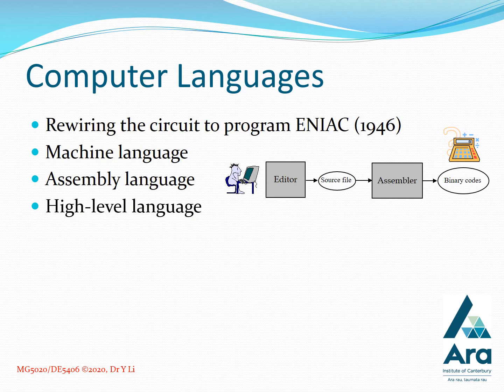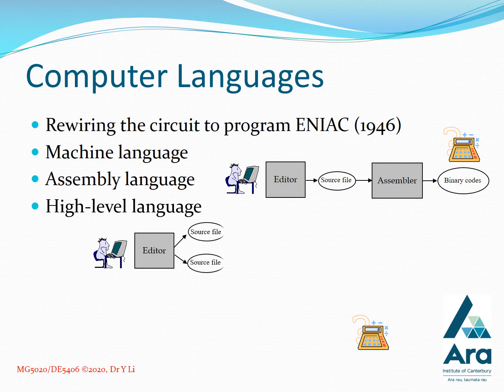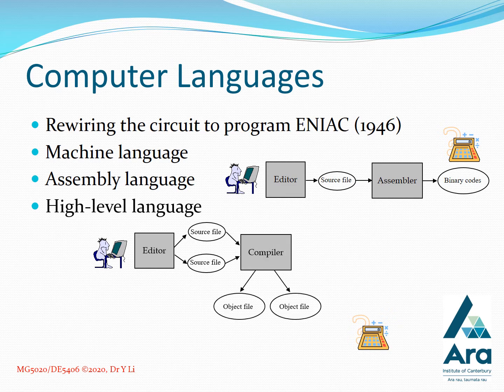Another type of language is even closer to human beings' languages. We call these languages high-level languages. High-level language is further away from the CPU. We use an editor to key in the source code, and then a program to check the syntax and convert it into intermediate modules, which we call object files.